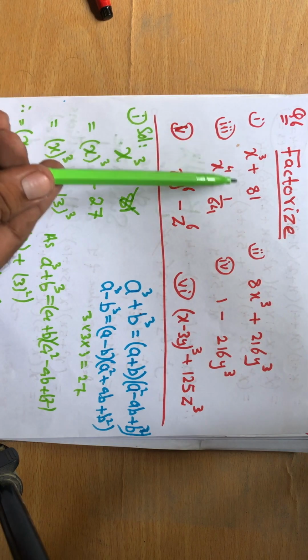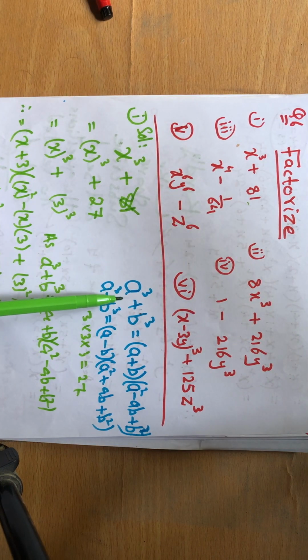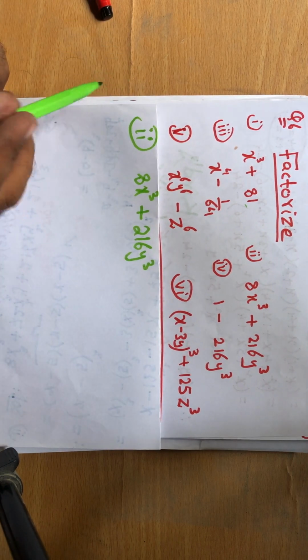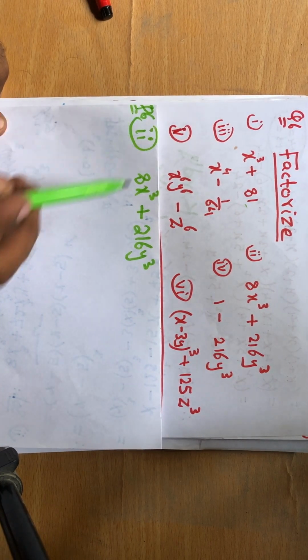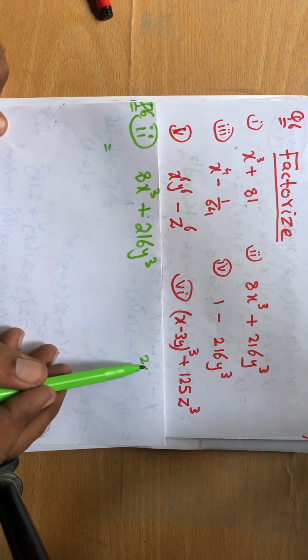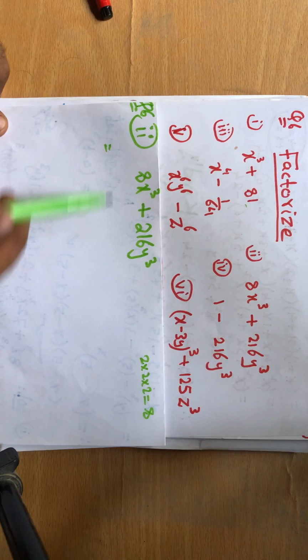Right now we have the next part of this exercise, that is part number 2 of question number 6. The main formulas we are using will be the same, and the question we have is 8x cube plus 216 y cube. Now we know that 8 is the cube of 2 because 2 multiplied by 2 multiplied by 2, multiplying 2 thrice, 8 comes.